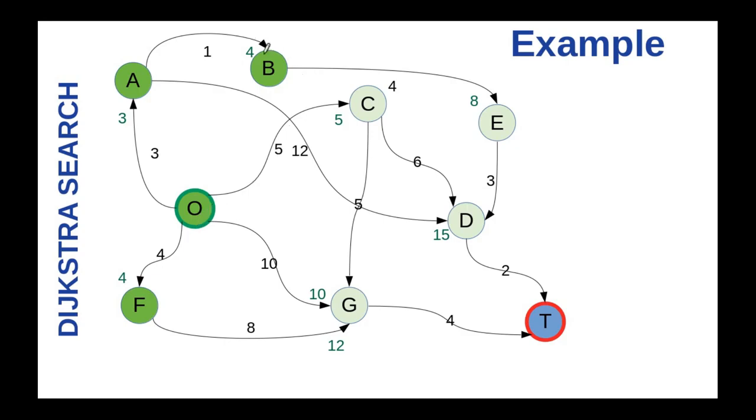As you can see here, we have E, that is the new neighbor, because it's the neighbor of B, with a total cost of 8, because we have from O to A 3, from A to B 1, and from B to E 4, plus these 4. So now again we check, and you can see that the minimum cost is 5.